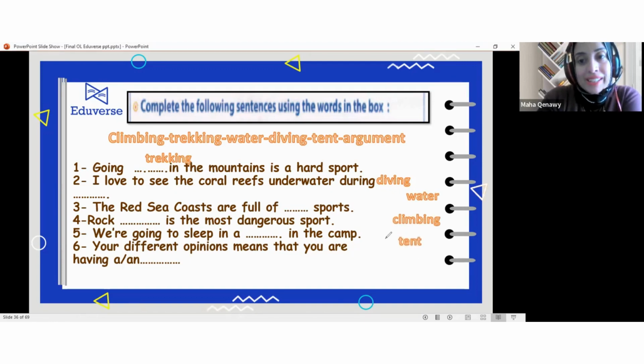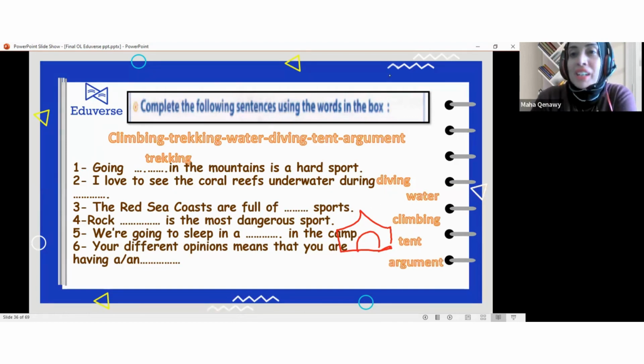Remember, the tent, we sometimes sleep in it while camping. Different opinions means that you're having an argument. What does an argument mean? Do we have the same opinions or different? Actually, different opinions. We disagree with each other. Sometimes we don't say quarrel, but we do not agree, we disagree.